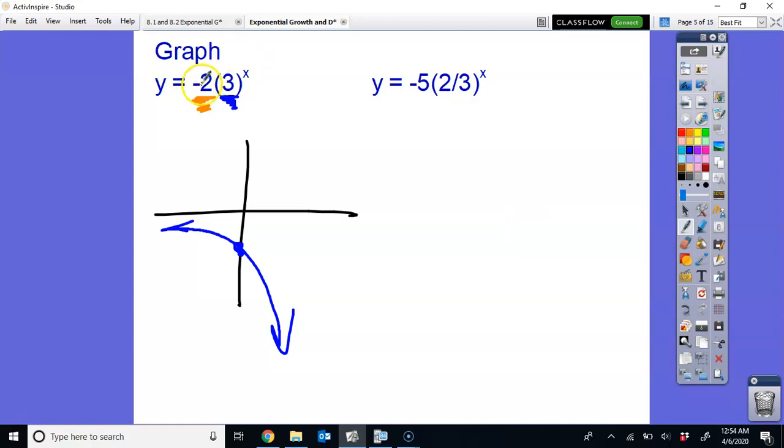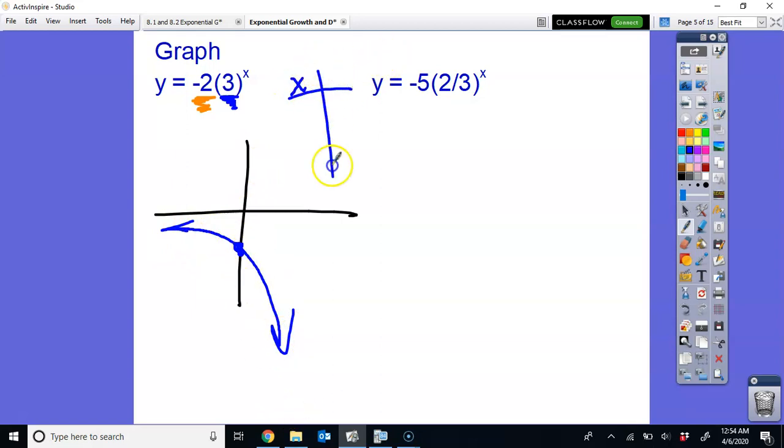The negative 2 out in front tells me my graph basically has been flipped. If you think about it upside down, from a positive 2 down to here, and so it is a negative growth. Think about this. One way to think about that would be the fact that it is an example of like the national debt. The national debt would be growing, but it would be growing this way in a negative direction.